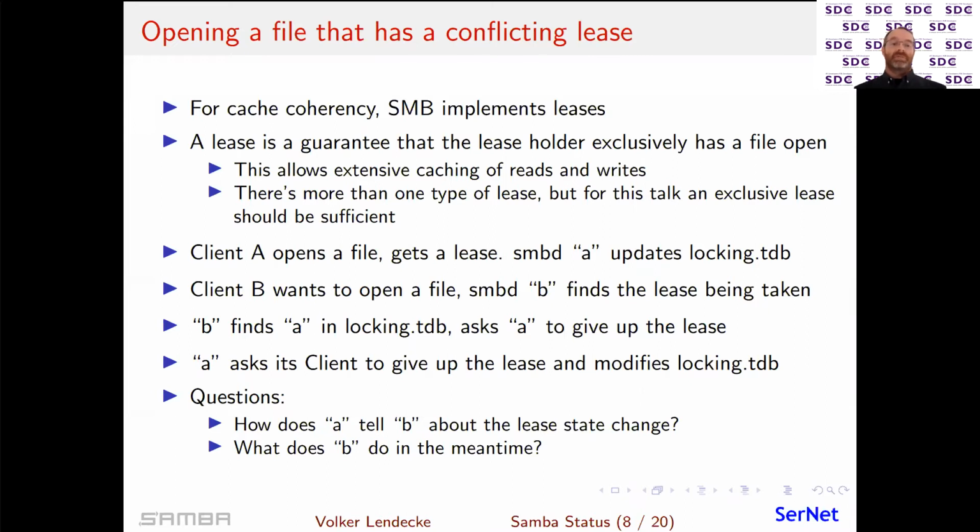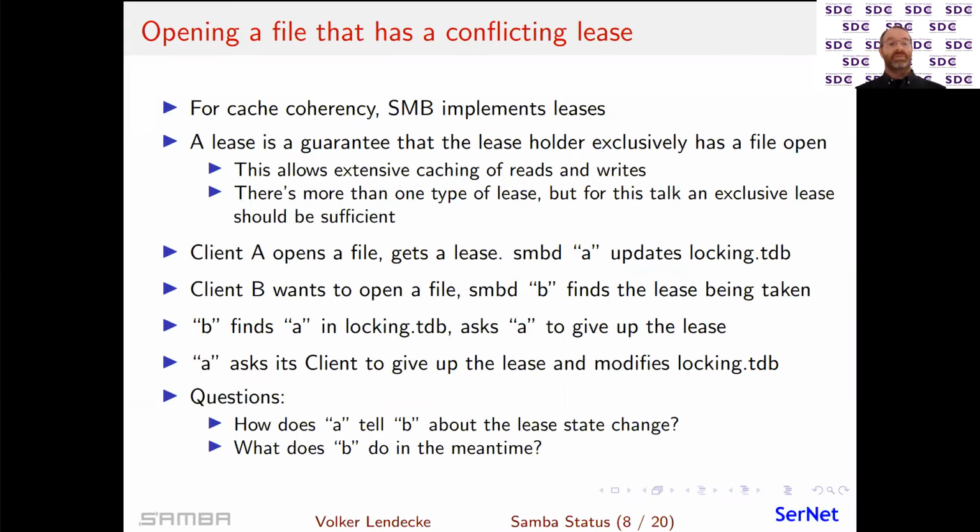This is just a very bad and lossy abstraction, but for this talk, it's good enough. The point is that I can be told by the server, hey, somebody else wants to access this file concurrently. Please, client, give up your lease.